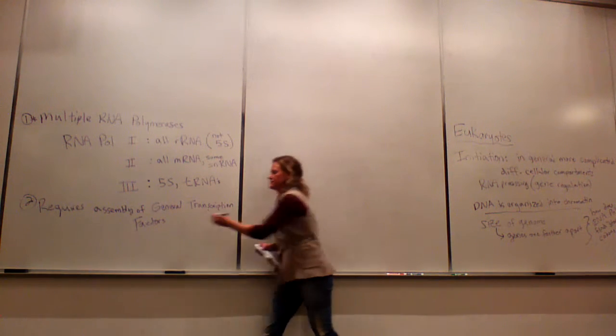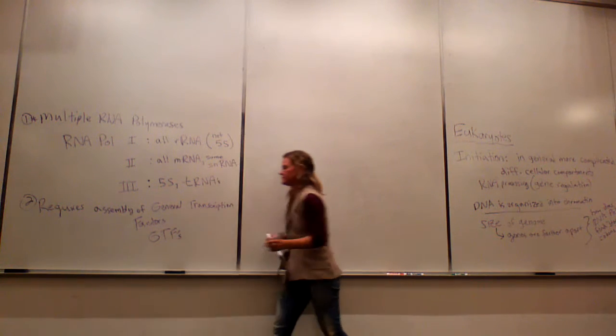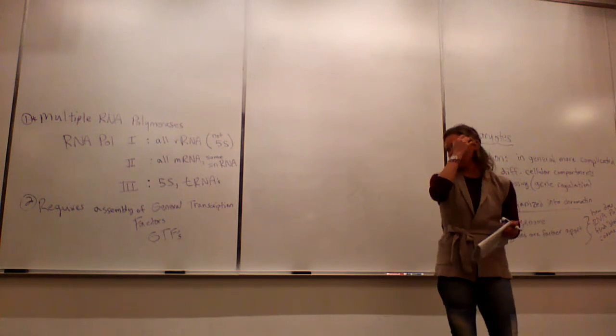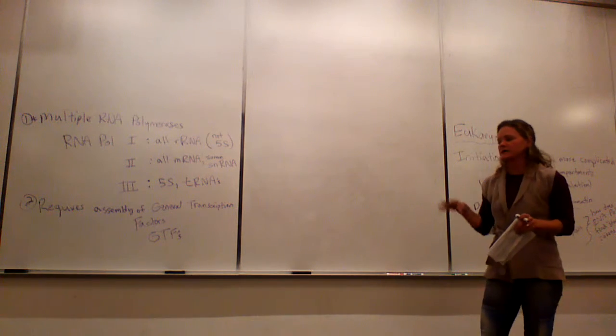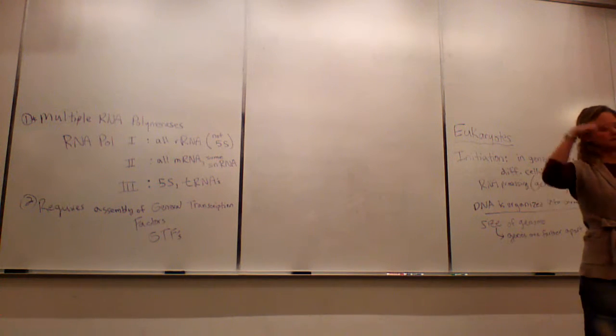Because biologists love acronyms, you'll see GTF. GTF stands for General Transcription Factors, if you ever see that. This assembly of all these transcription factors has to happen before RNA polymerase can sit down and start its work.